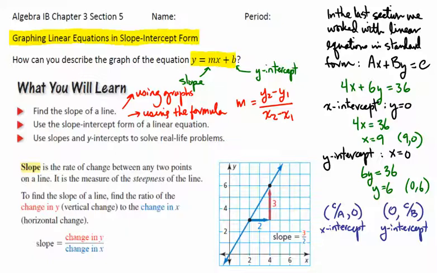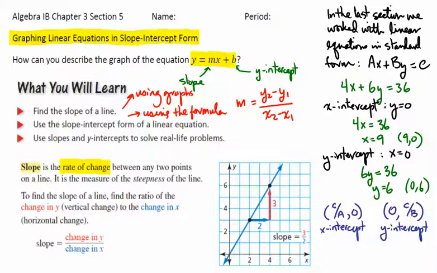So before I go on to some specific examples, let's talk about what slope is. In these two simple sentences that follow, we have some great definitions and important terminology that relate to slope. The first one is that slope is a rate of change between any 2 points on a line. Slope tells you how much the y is changing as x changes.